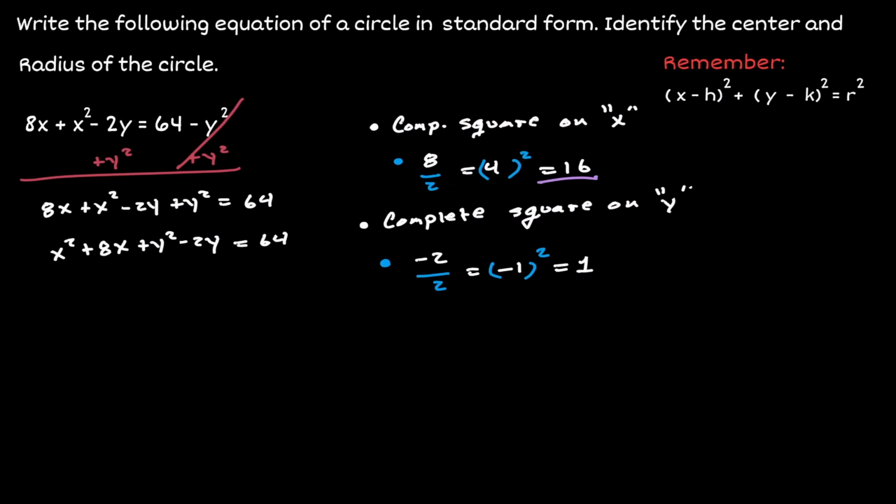The value of 16 will complete the square on the variable of x. So let's add that value right next to the x terms in our equation. And the value of 1 will complete the square on the variable of y. So let's add that value right next to the y terms in our equation.